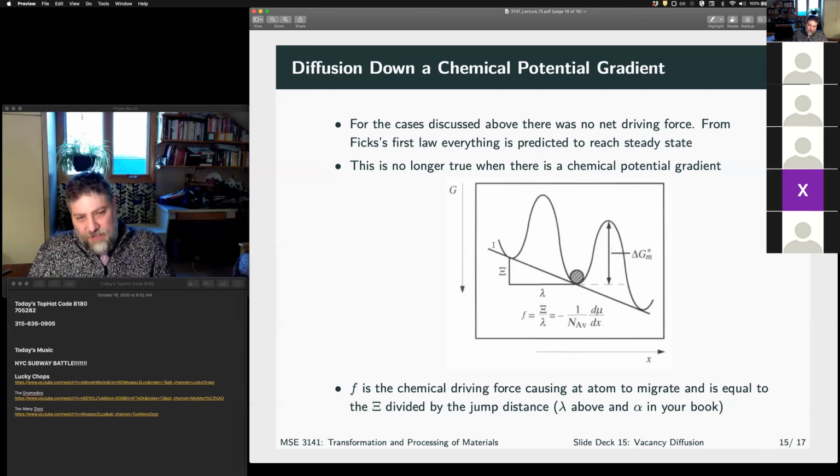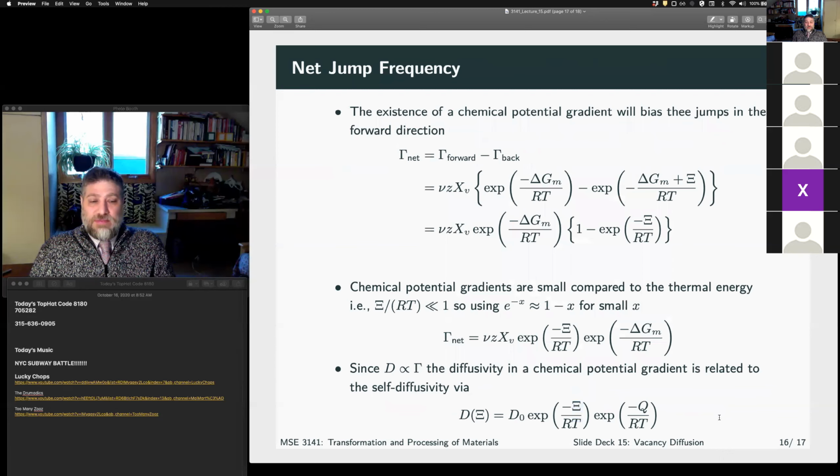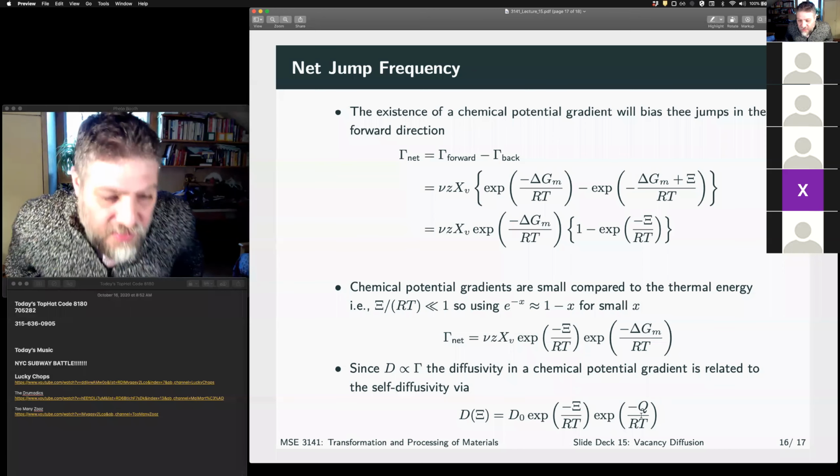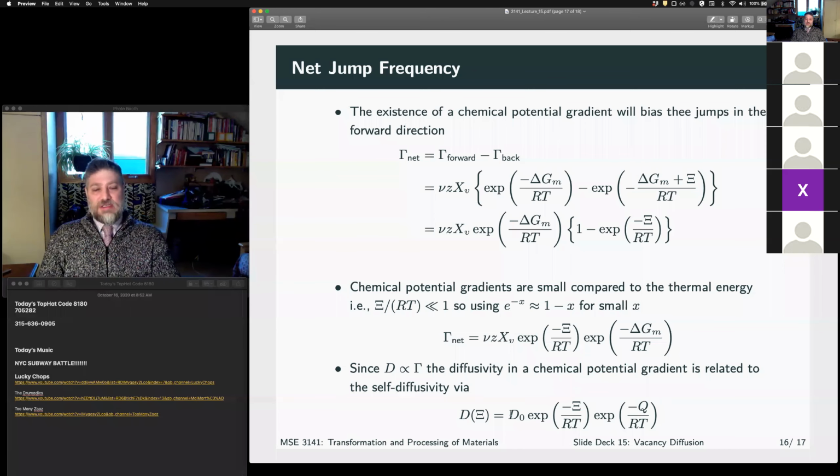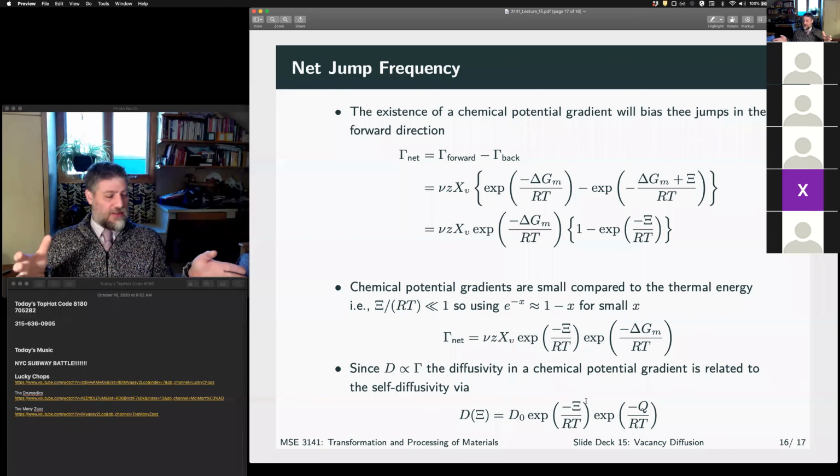Because we're in a chemical potential gradient, it's the extra free energy that biases the forward direction from the reverse direction. So basically, this is the reason why diffusion will occur more in one direction. So this tells you, even if this is one, if there's no chemical potential gradient, you will have diffusion that will make the concentration uniform everywhere.